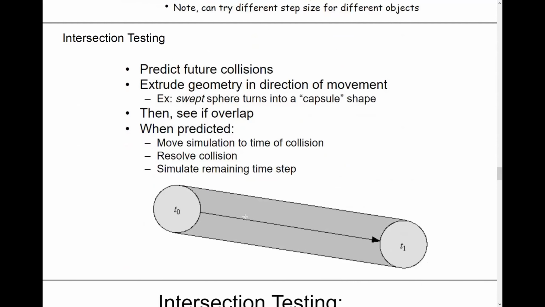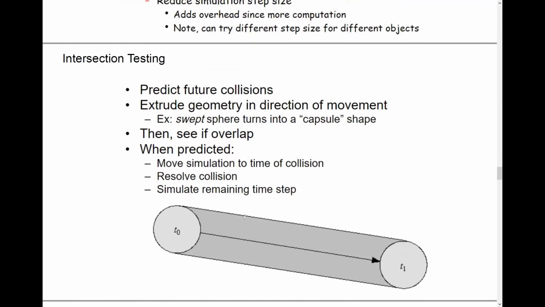Okay, how do we do intersection testing? Intersection testing predicts future collisions.